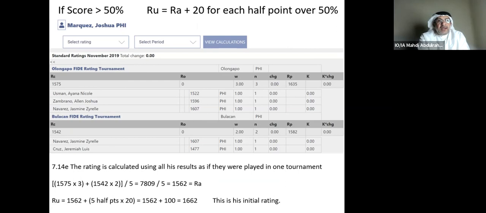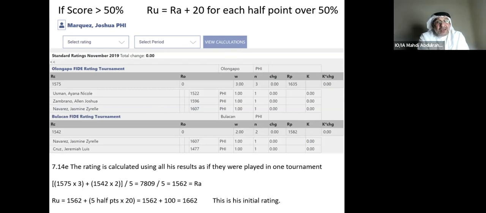He played with one player named Usman, whose Elo was 1522, and the second opponent was 2596. The third one was 1607. This was in one event. Can he get the initial rating?